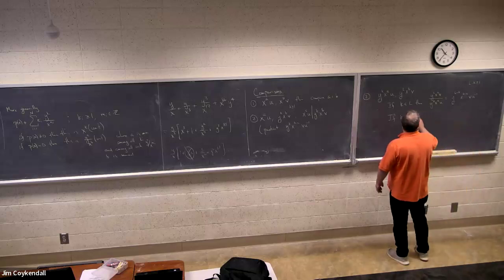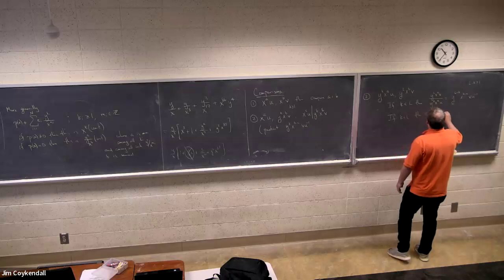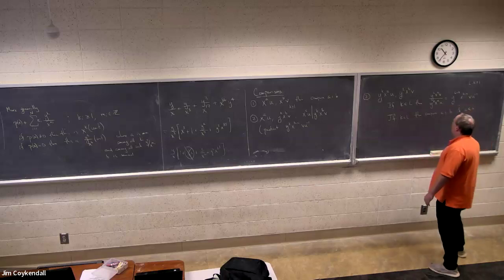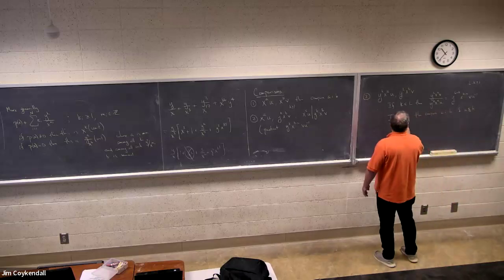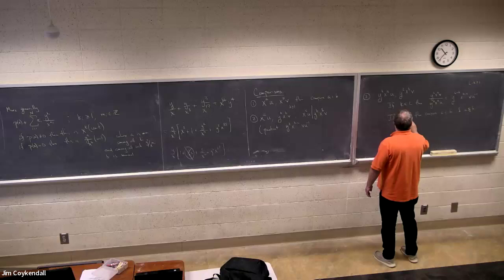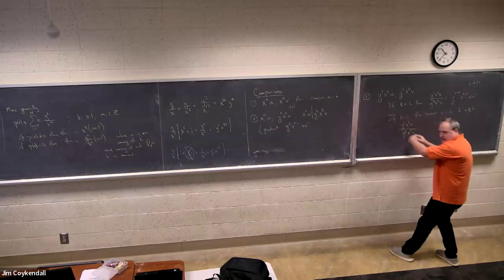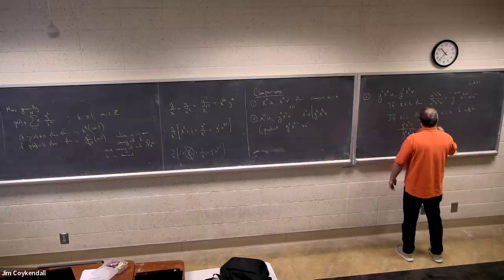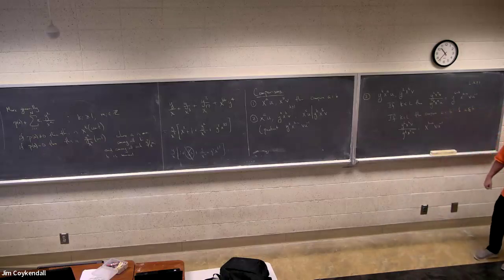If K equals L, then compare A and B. If, say, A is less than or equal to B, then Y to the L, X to the B, V, over Y to the K, X to the A, U: Y cancels this time, and we get X to the B minus A, VU inverse. And since B is greater than or equal to A, this is in the ring.